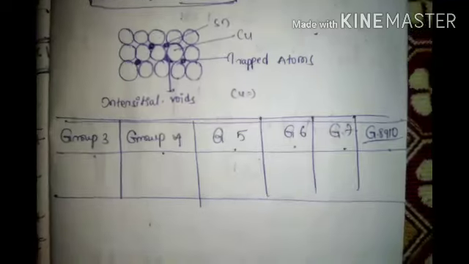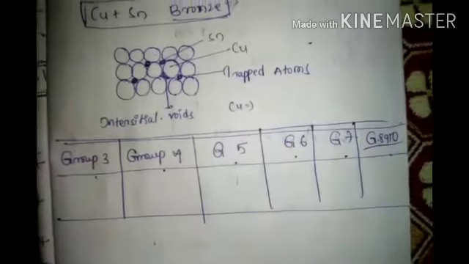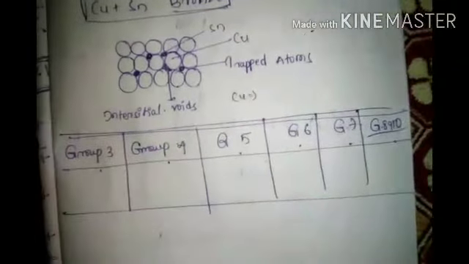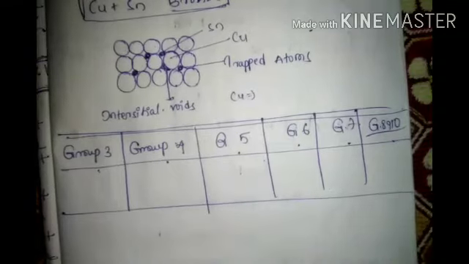First of all, go to Group 3. Put the side heading: Group 3.